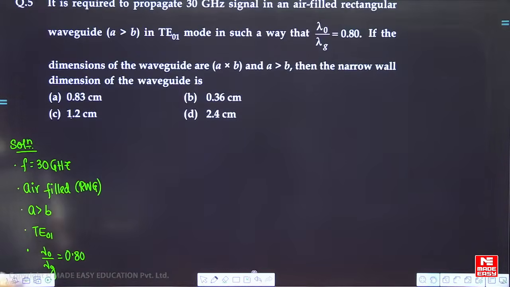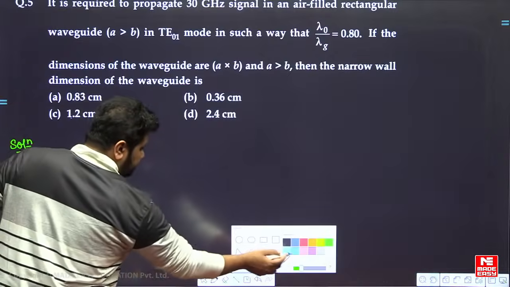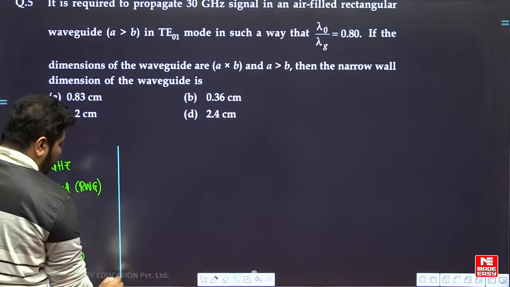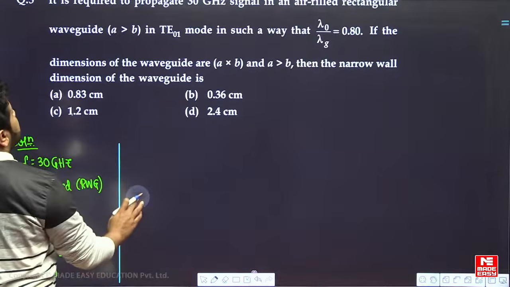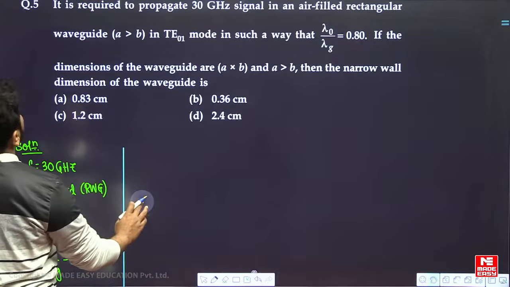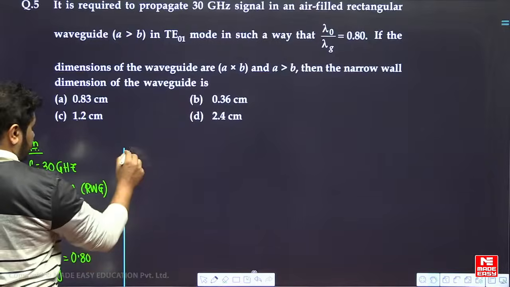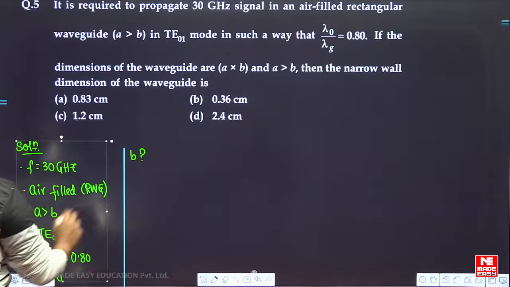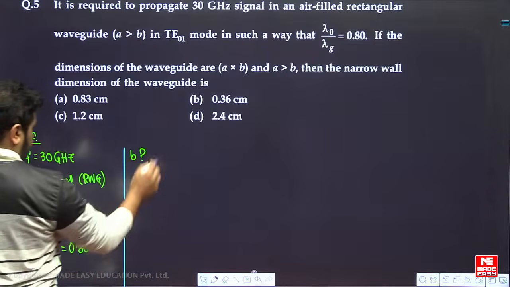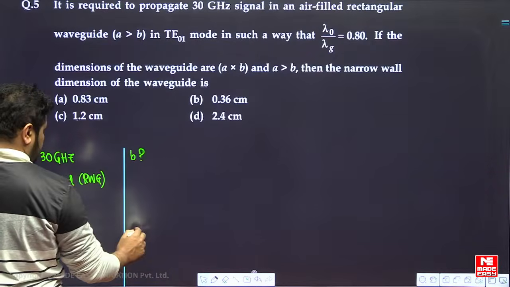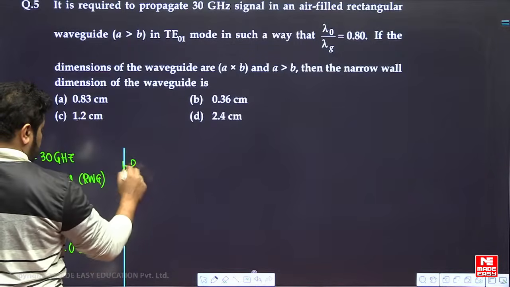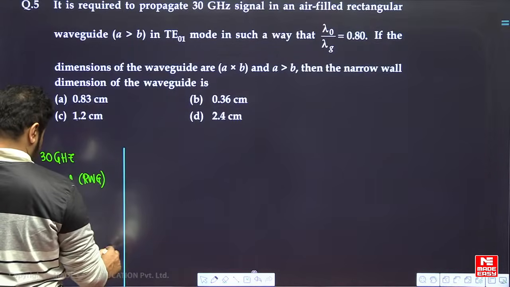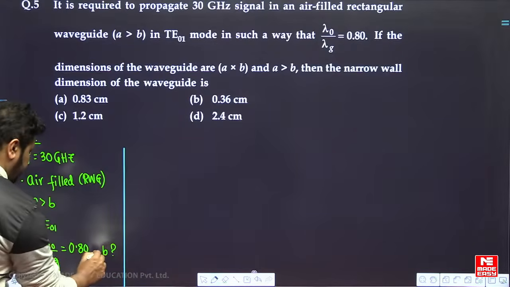If the dimension of the waveguide is A into B and A is greater than B, it is already mentioned earlier, then the narrow wall dimension, that means what are they asking, A or B? They are asking B, narrow wall, right? They are asking the value of B.